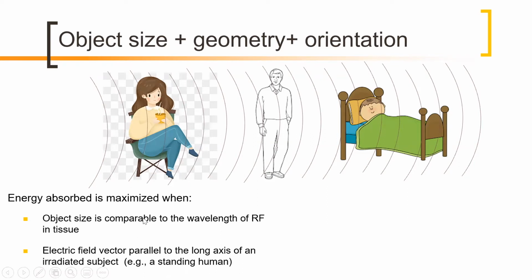So if the tissue that it's propagating in is comparable to the size of the RF wave, at that time the energy absorbed is maximized. Also, looking at the orientation of the test subject, somebody standing this way with the electric field vector parallel to the long axis will maximize energy absorption from the RF field.